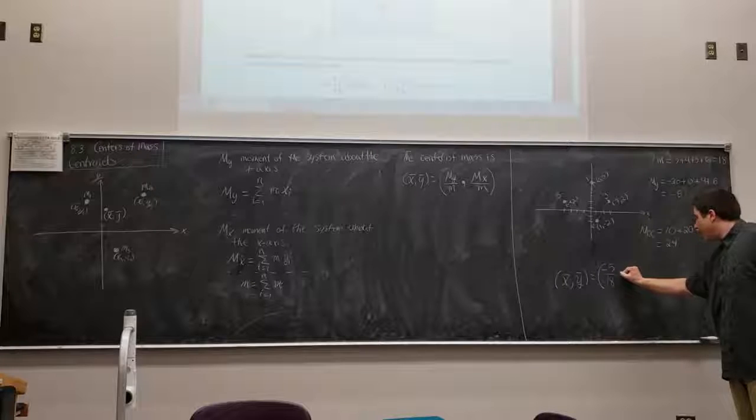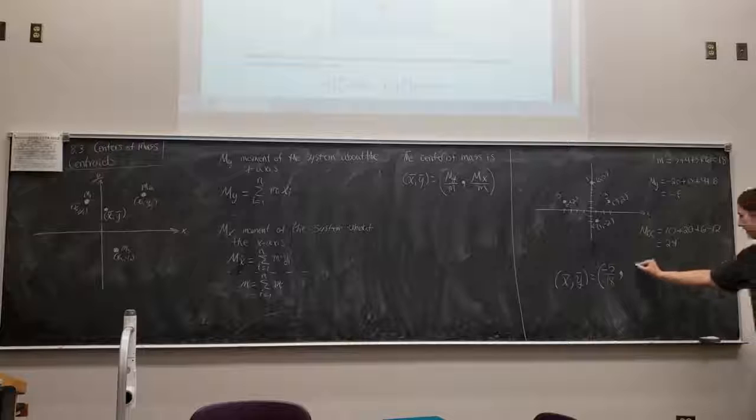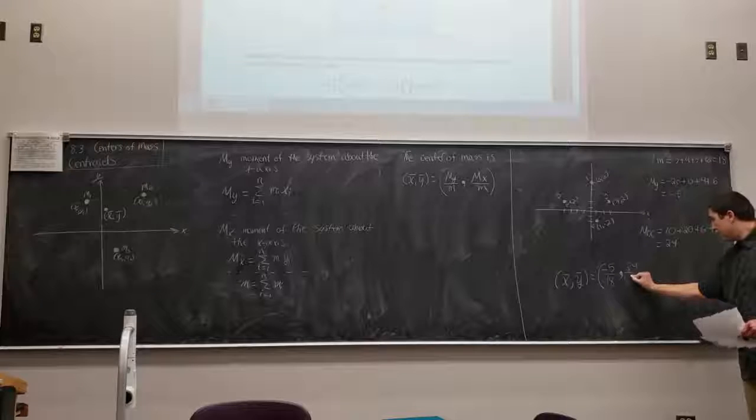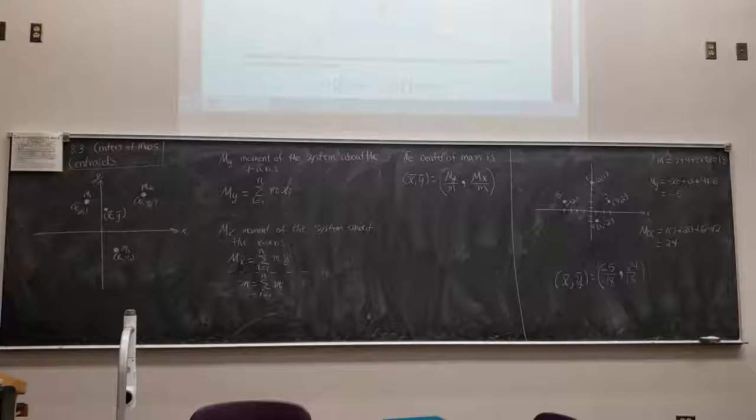Then we just do it again. For y bar, we take m sub x, which is 24, divide by 18. Then these do reduce a little bit. We have -5/18, then 4/3 altogether.